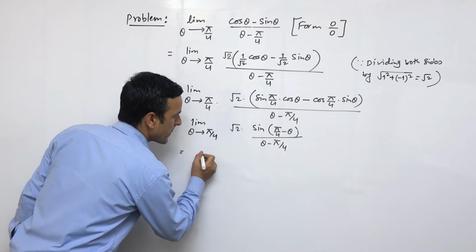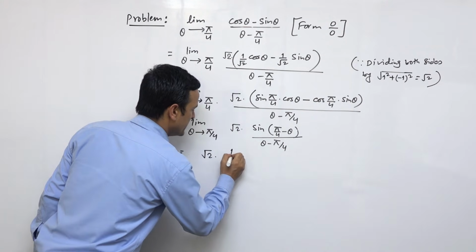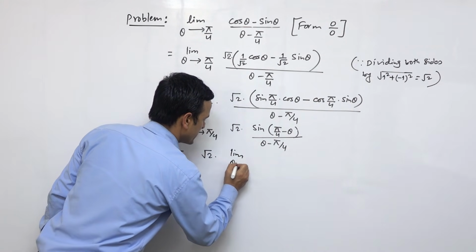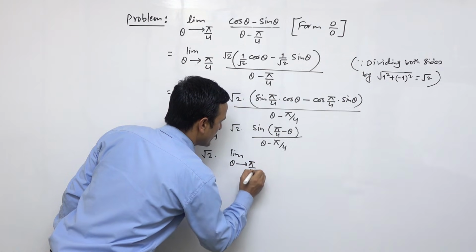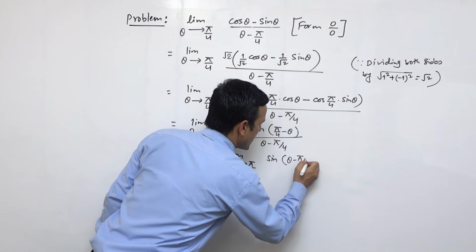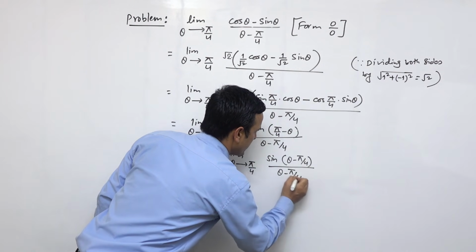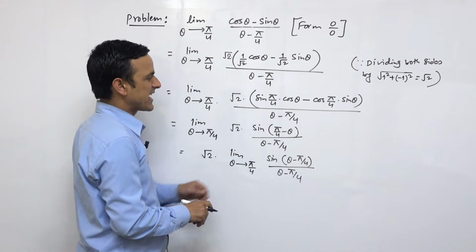And now root 2 is constant, we can write it down here, and limit theta tends to pi by 4 of sin theta minus pi by 4 divided by theta minus pi by 4. So make this angle opposite.